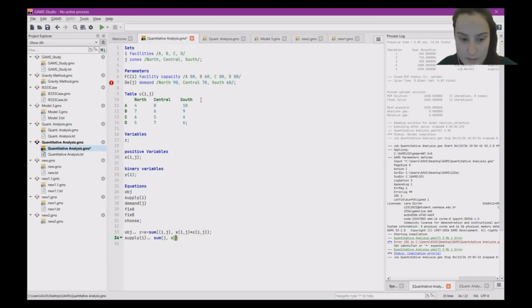Xij, because we always have that, Xij. And then that's going to be less than or equal to the facility capacity, because you cannot supply more than the capacity of the facility.